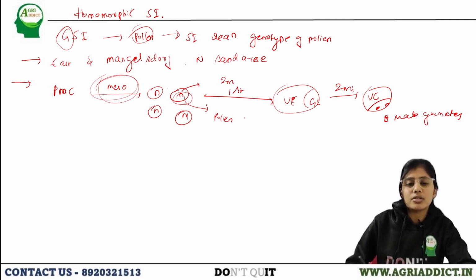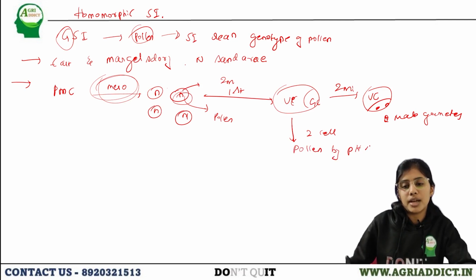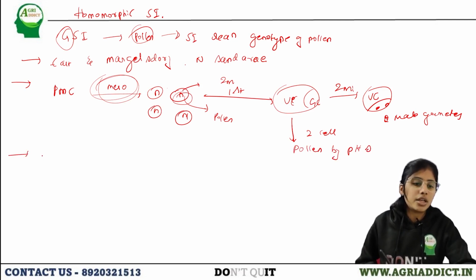And also in this, we can see that at the 2-celled stage itself, the pollens are released by the plants in this mechanism. And also we will be seeing a wet stigma surface.